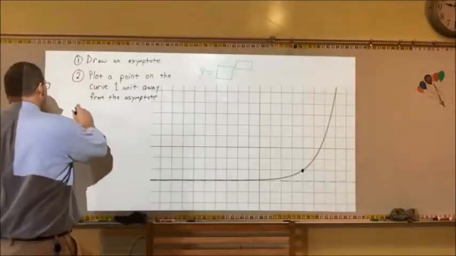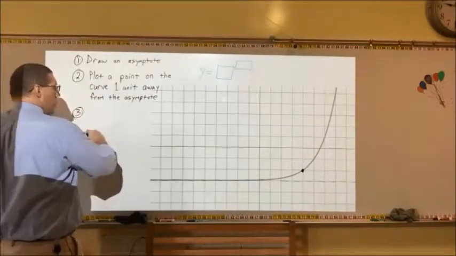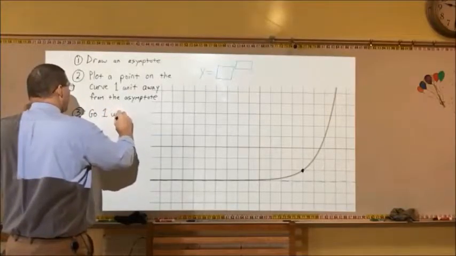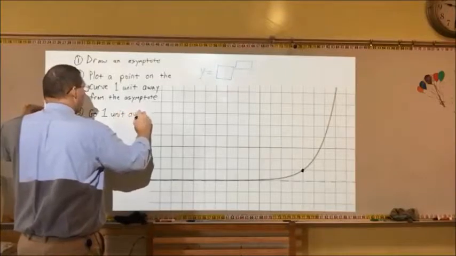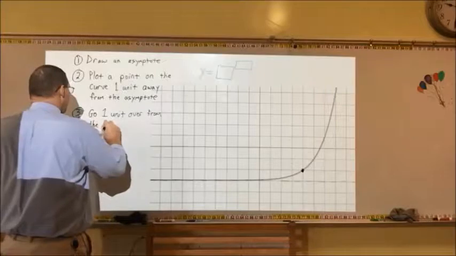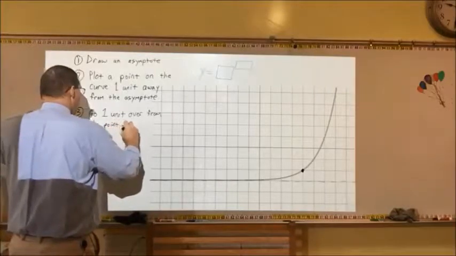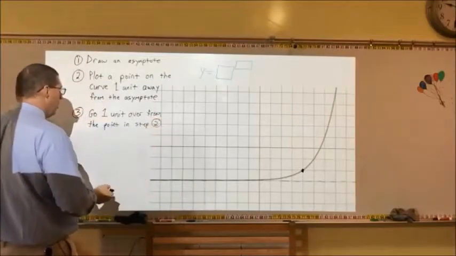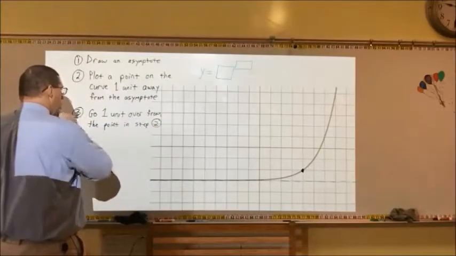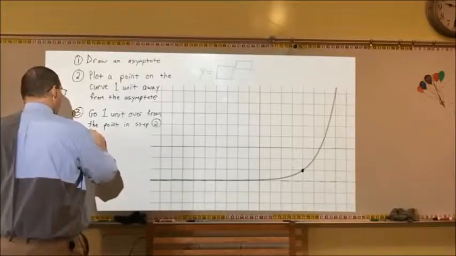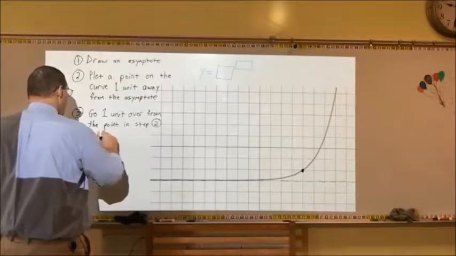The next step, step 3. Go 1 unit over from the point in step 2. The one we just found. Go 1 unit over from the point in step 2 and move.